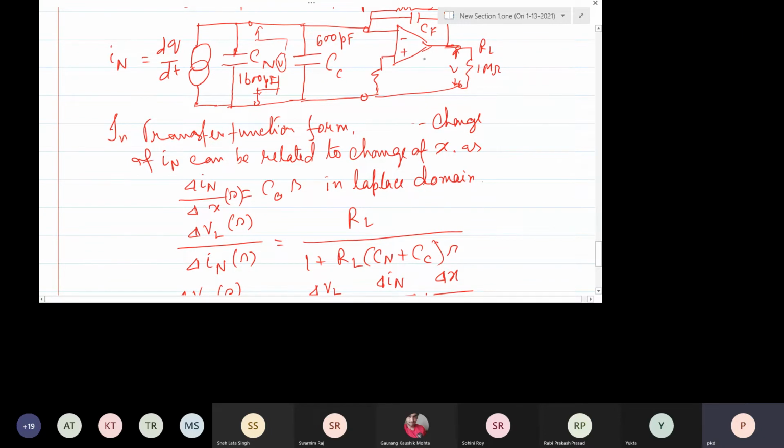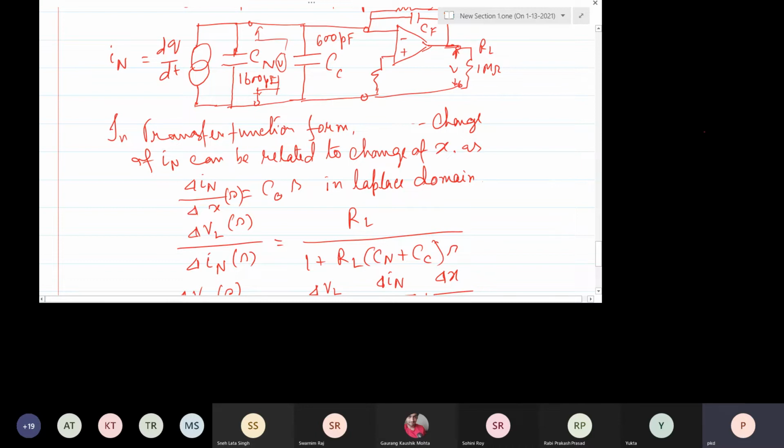So this I is charging the capacitor Cn. So sCn is here, and this sCn is parallel to sCc, so this becomes sCn plus sCc.